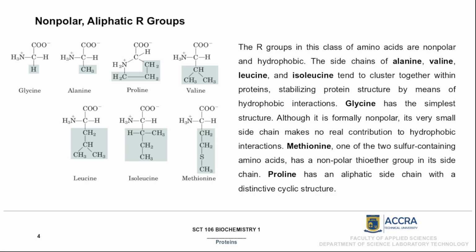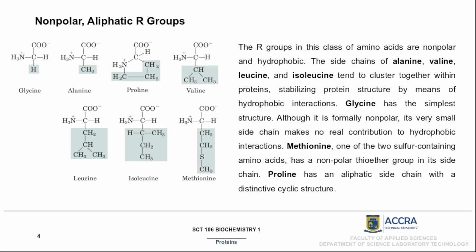As you can see, glycine has the simplest structure among all amino acids, as its R group or side chain is a hydrogen atom. Although it is formally nonpolar, its very small side chain makes no real contribution to hydrophobic interactions.